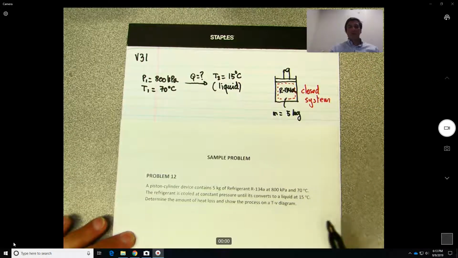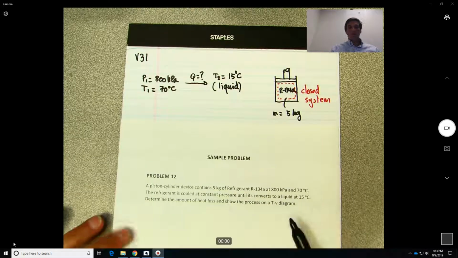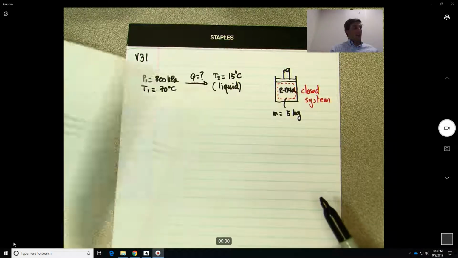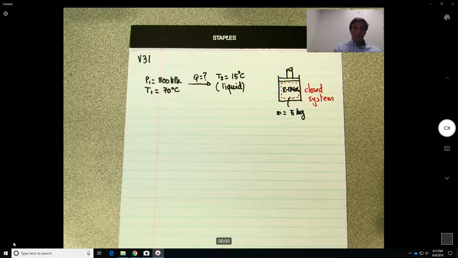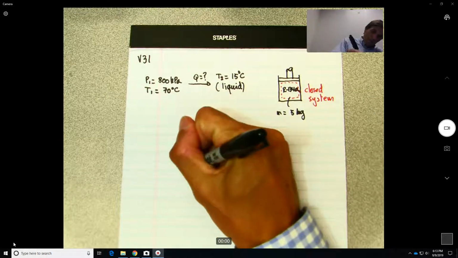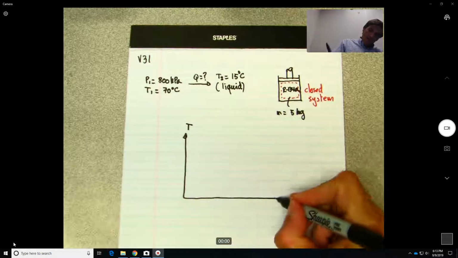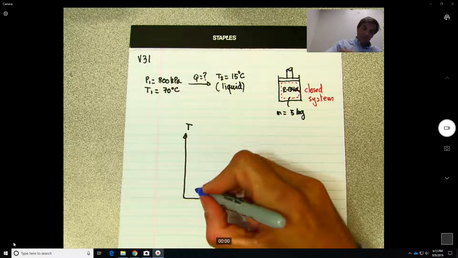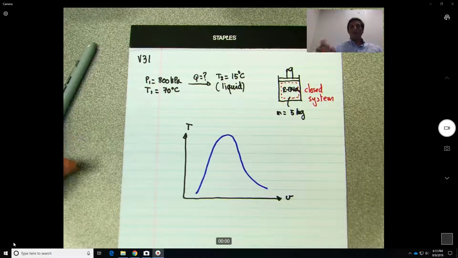Okay, so the question here is to do the T-v diagram. That's a must, and to find the amount of heat loss. So you see I have the problem statement, now I can just remove it. So let's start by doing the T-v diagram. T, v, we draw this special line over here, and what we know is that it is at constant pressure.